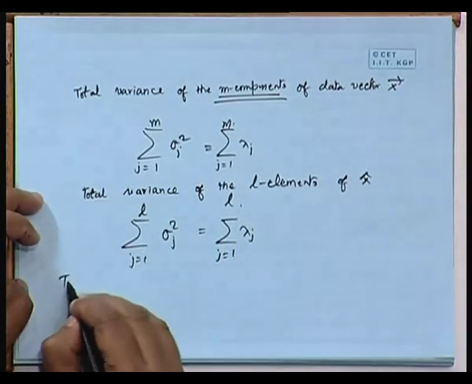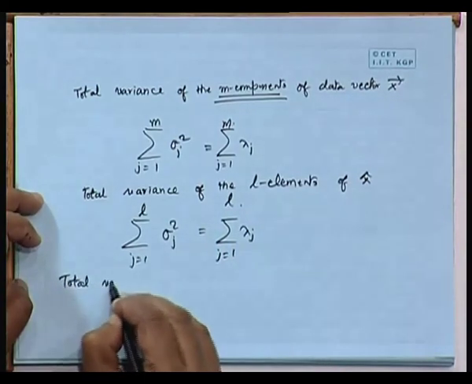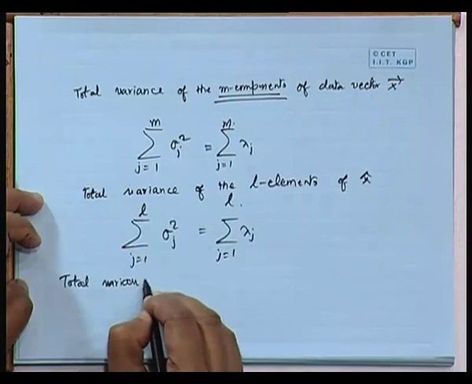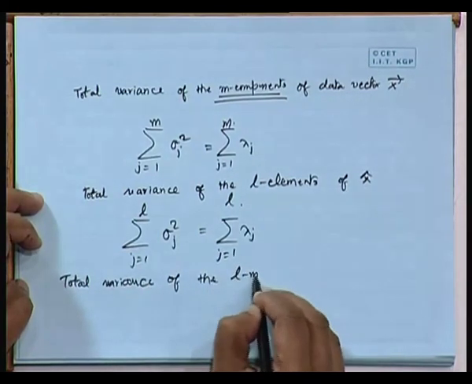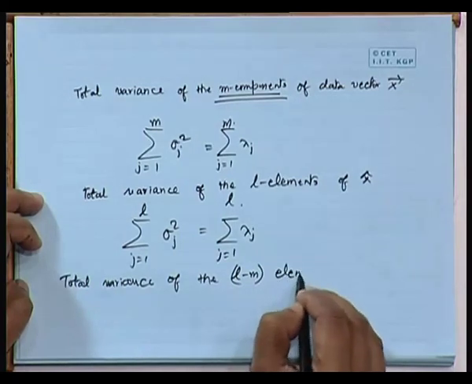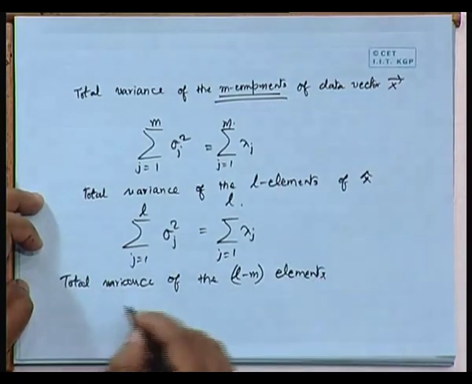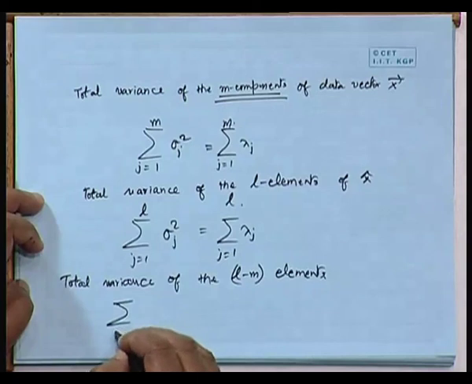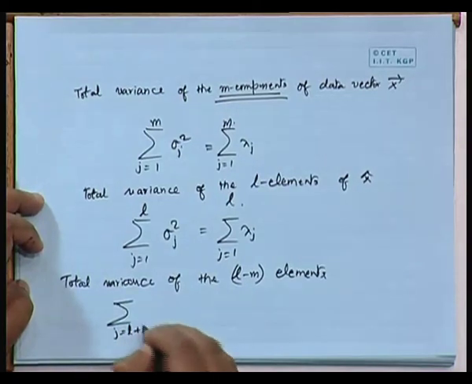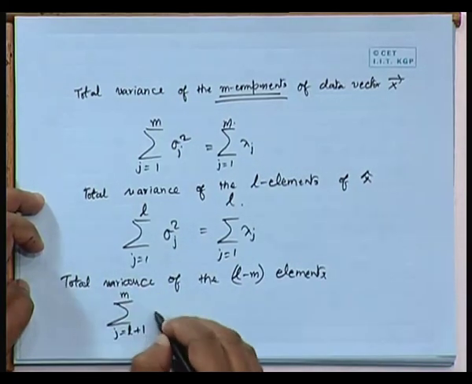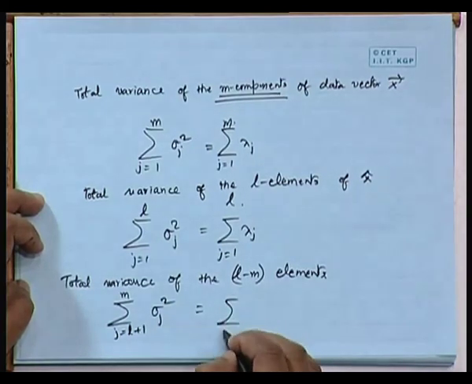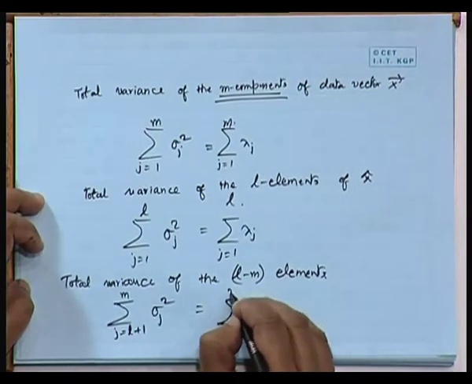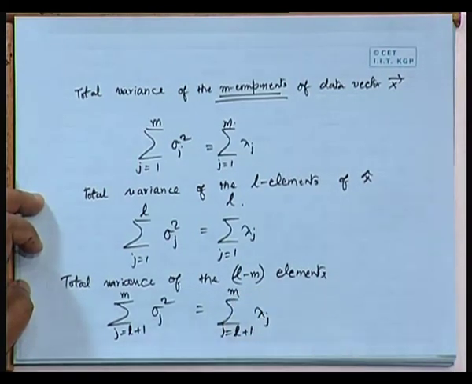So, from here we can find out that the total variance of the L minus m elements is going to be summation j equal to L plus 1 to m of sigma square j, which is equal to summation j equal to L plus 1 to m of lambda j.